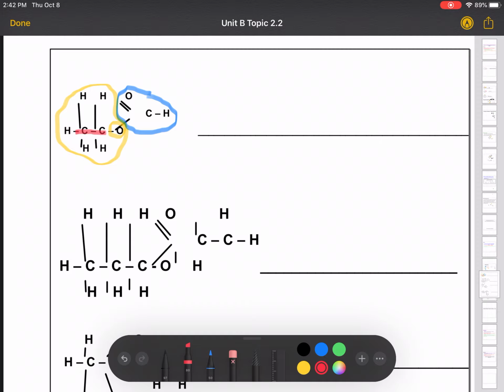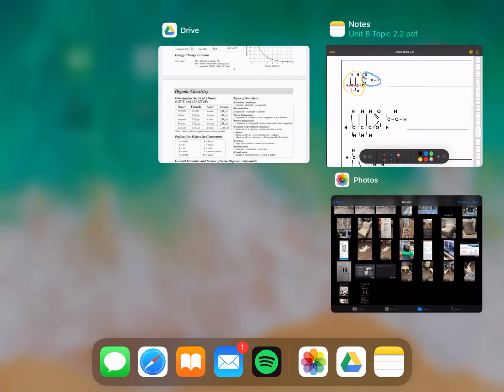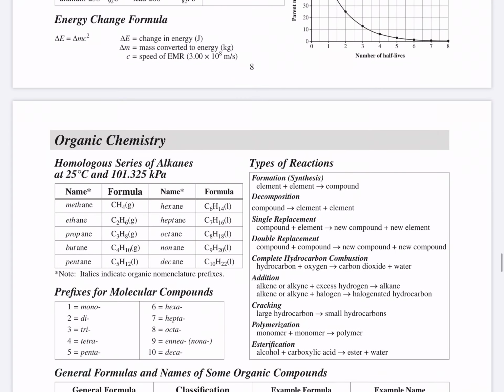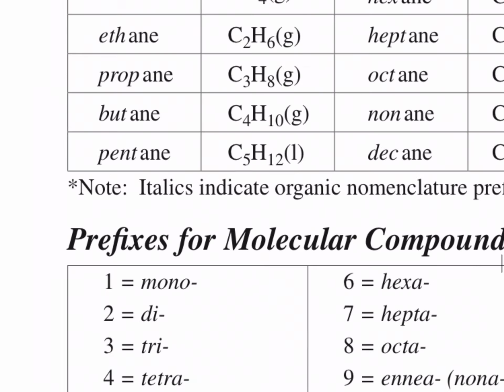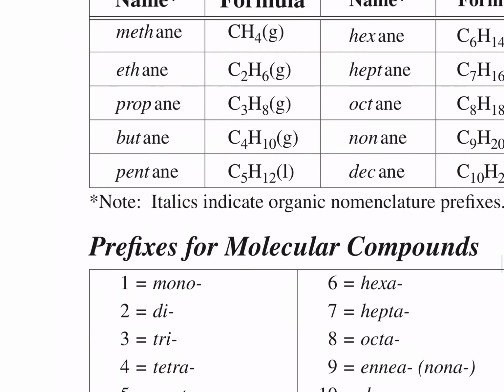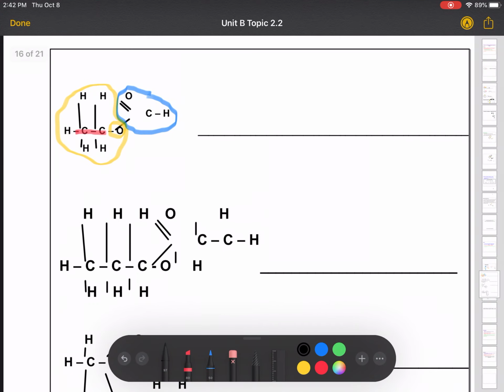With those 2 carbons, we've got an alkyl group of 2. If we go back to our data table, which I always like to go back to, a carbon chain of 2 is an eth. So this would be an ethyl.